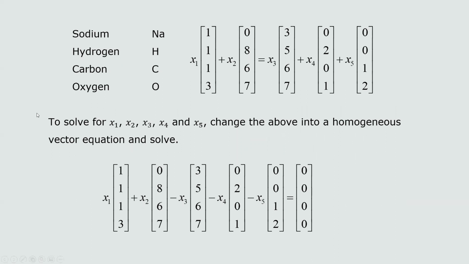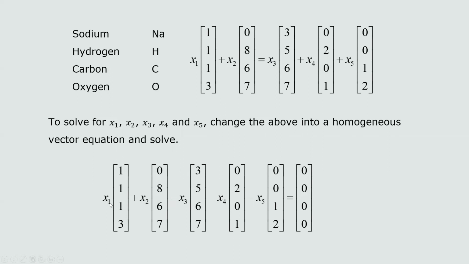So I'm going to take the vector equation that I found before, and I'm going to move the x3 vector, the x4 vector, and the x5 vector to the left side of the equal sign, and I do that by subtracting. So to move it over, just like I would with a regular equation, if it's added on the right side, I subtract it on the left.